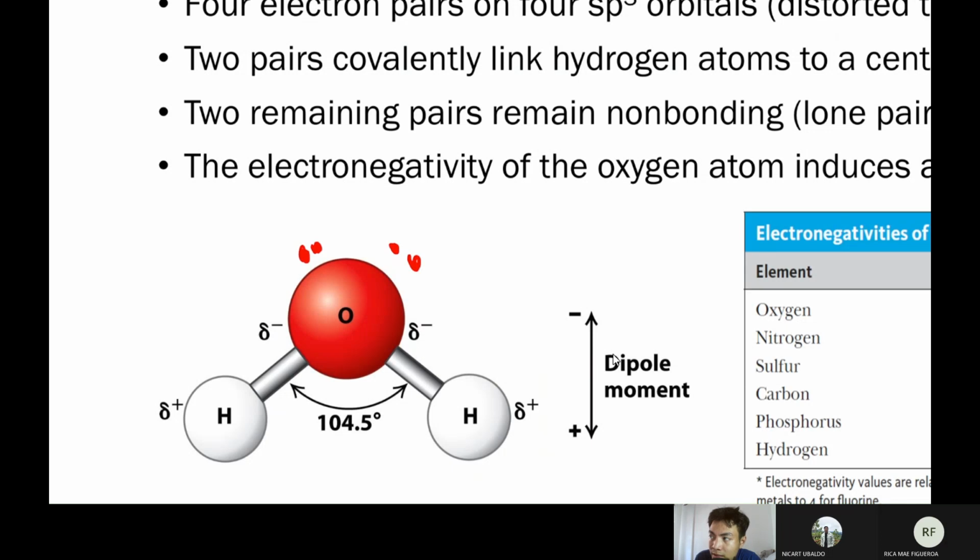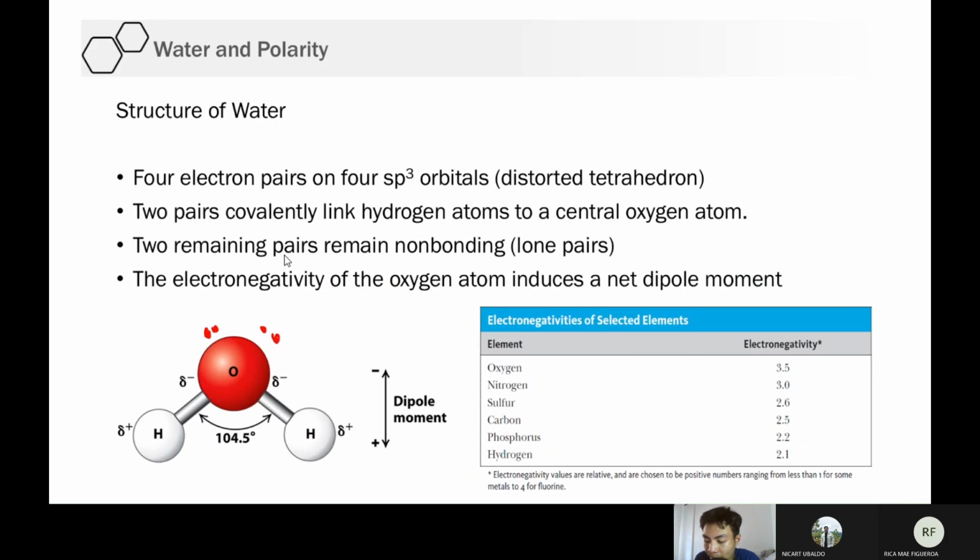So, dipole moment is the direction of your electrons. No? So, we can see here that the electrons are traveling towards oxygen. So that means the dipole moment is towards oxygen kasi siya yung may electrons. Okay?